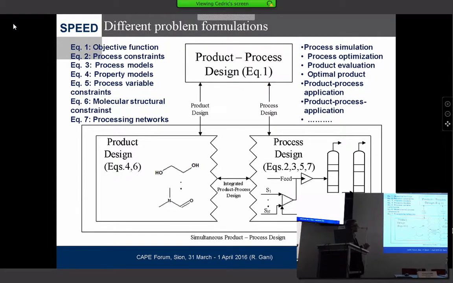And then we can see that different equations here will do the product design. That means equations 4 and 6 together with the objective function, we can make the optimal product design. These equations together with equation 1 will give us the optimal process, and all of it together will give us the integrated product process. And I will show you examples of subsets of these equations forming different types of problems that we would like to solve.